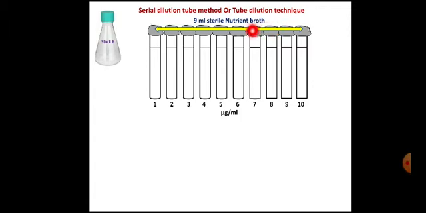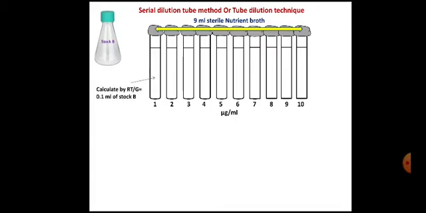Remember that it contains 9 ml of nutrient broth. And after the addition of antibiotic solution into this, the total volume is going to be 10 ml. That means we'll be adding 1 ml of antibiotic solution in all these tubes. So the total quantity is going to be 10 ml.